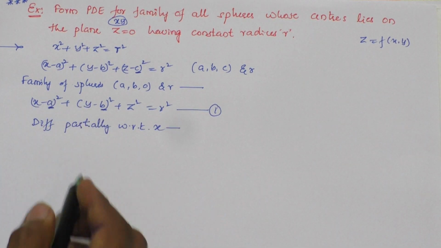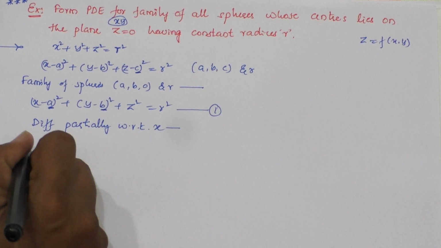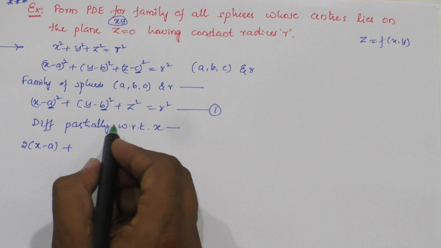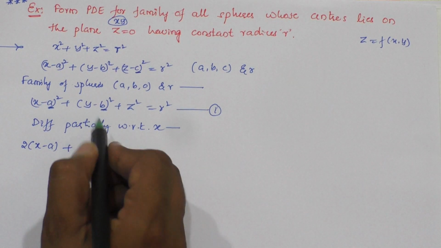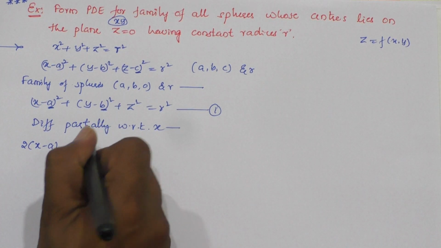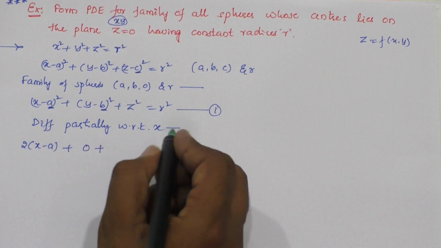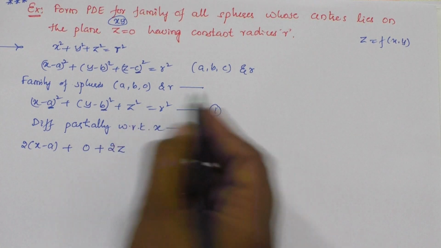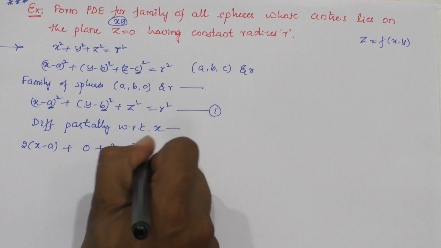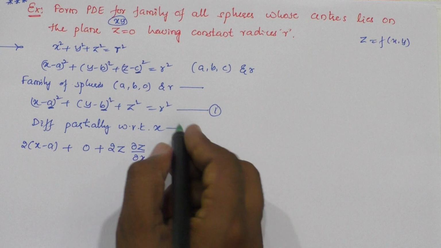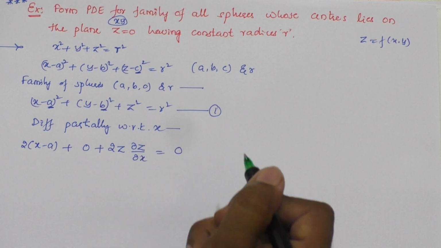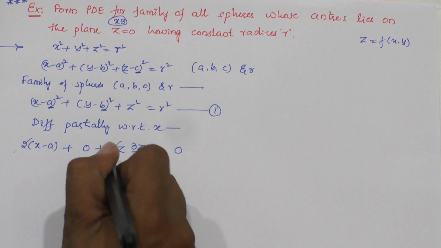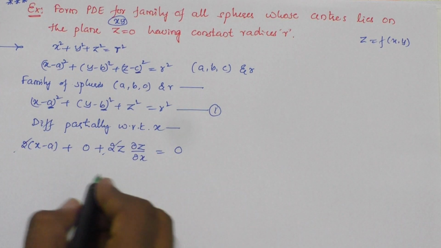So the derivative of x minus a square is 2 times x minus a, plus partial differentiation, y is the other variable which is constant, and the derivative of a constant is 0. Now z square differentiation is 2z, z is a function of x, y, so 2z dou z by dou x, and the derivative of the constant r is 0. Now 2 is common throughout, so if you take this and transfer, it will be 0.